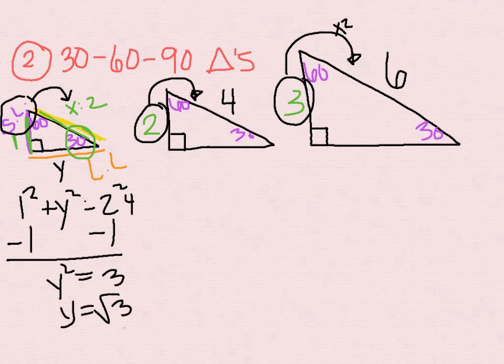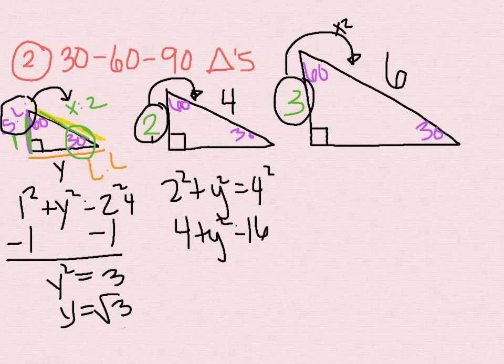All right, hang on to that thought. Now let's do it here. So now I'm going to do 2 squared plus y squared equals 4 squared. So I get 4 plus y squared equals 16. Subtract 4. And I end up getting, break this down, 4 and 3. A 2 breaks down, so 2 square root of 3.